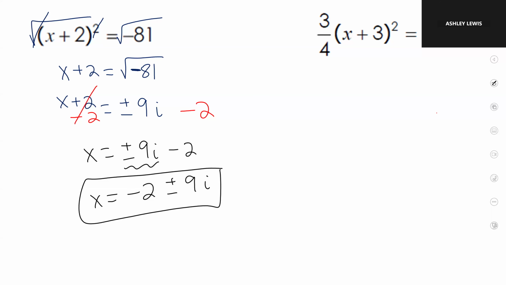Okay, this next example, I'm going to multiply both sides by 4. Those 4's cancel. I am left with 3 times x plus 3 squared equals -96 times 4 is -384. Okay, now I'm going to divide both sides by 3.